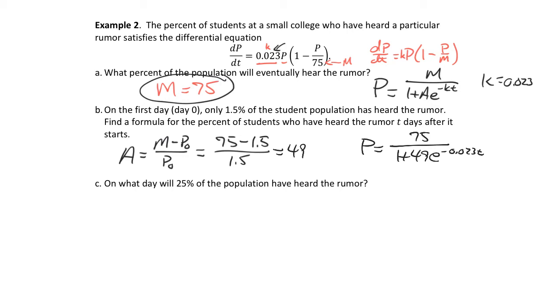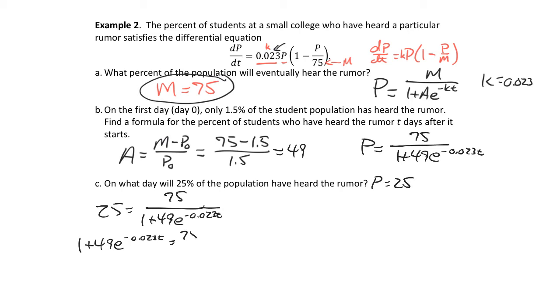Okay, so on what day will 25% of the population have heard the rumor? On what day means we are looking for t, so we're going to find out when P is equal to 25. So we have 25 equals 75 divided by 1 plus 49 e to the negative 0.023t. If I multiply both sides by the denominator and divide both sides by 25, we end up with 1 plus 49 e to the negative 0.023t equals 75 divided by 25, which is 3.